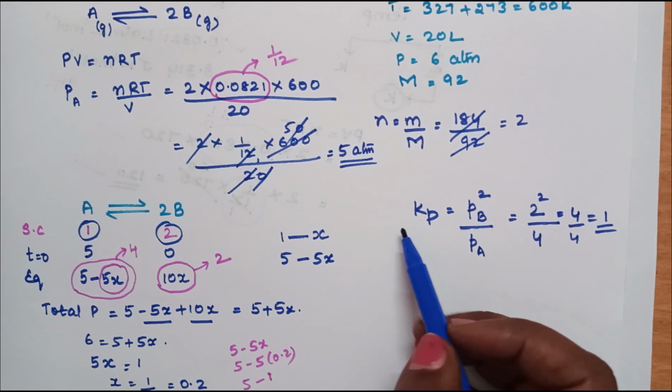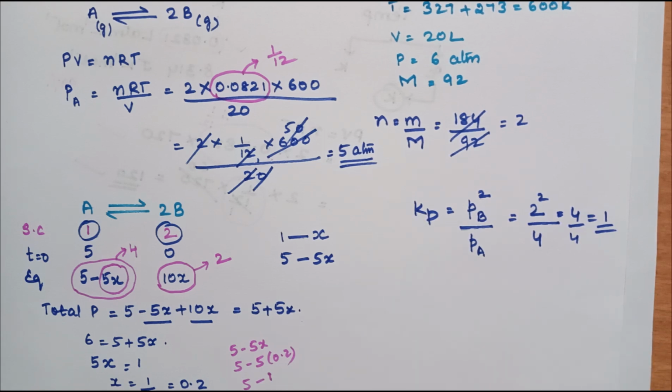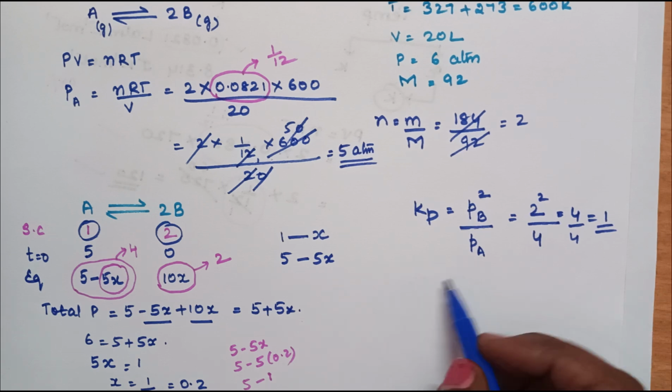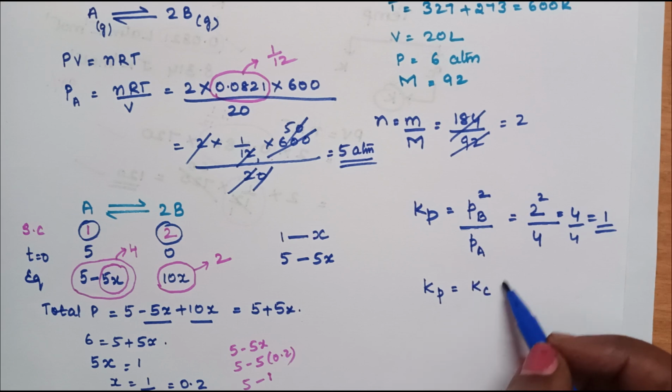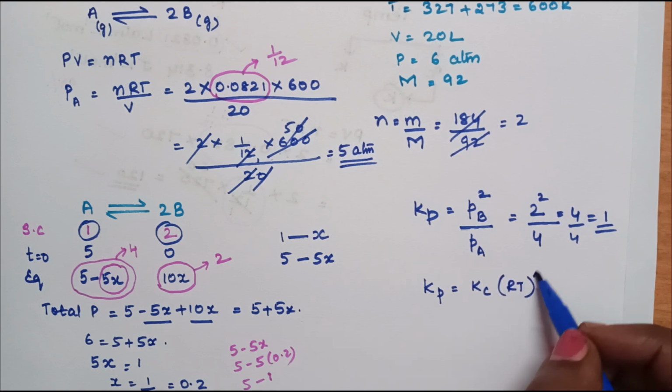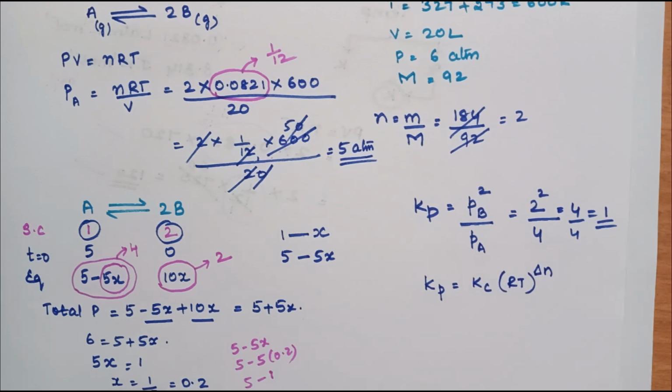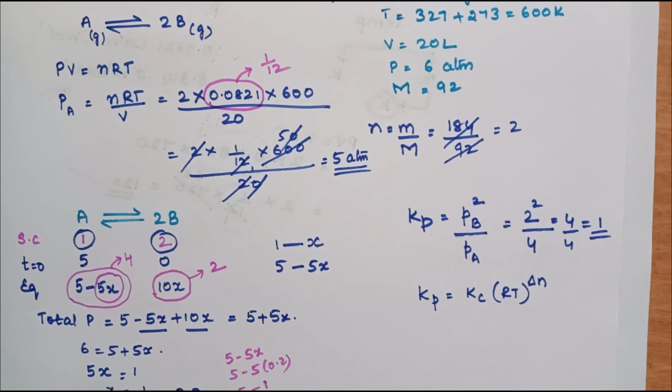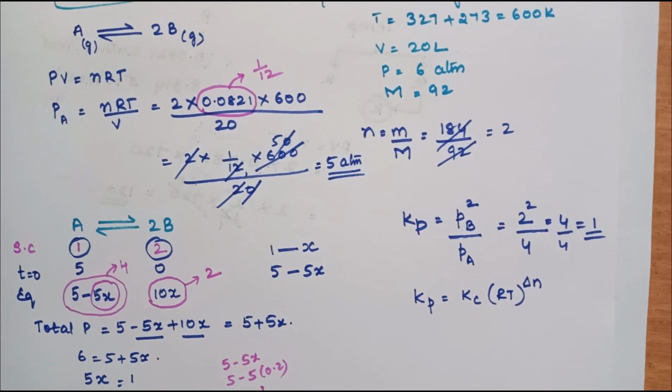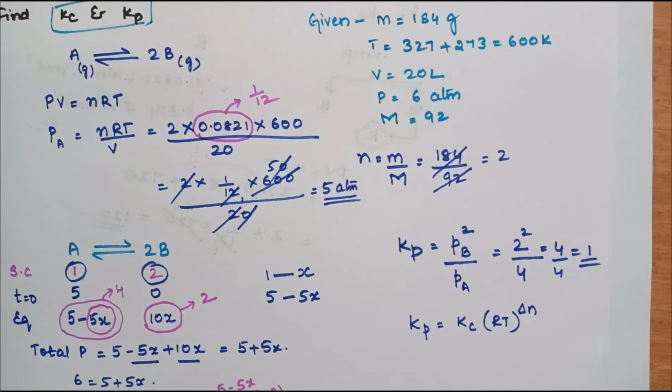Now how to find out Kc? It is very simple. If you get the value of Kp, it is very simple for us to get the value of Kc. How? You have the expression Kp is equal to Kc RT to the power of delta N. So what is delta N? Delta N is the number of gaseous moles of products minus gaseous moles of reactants.